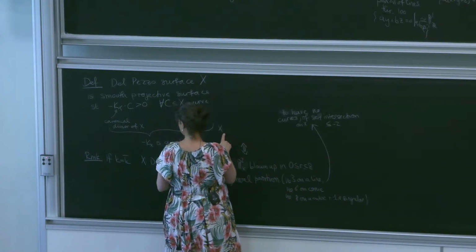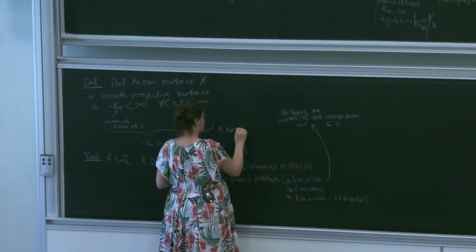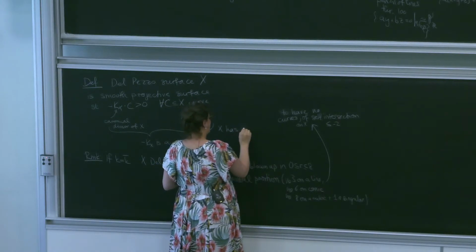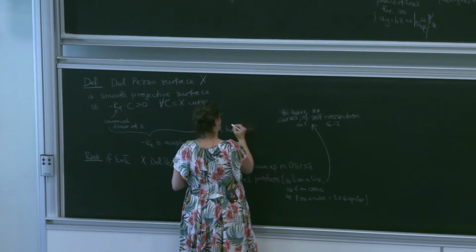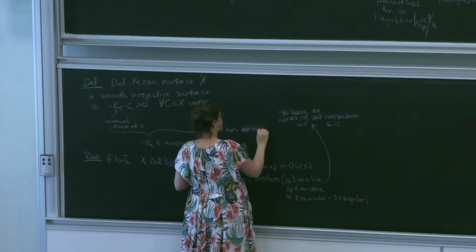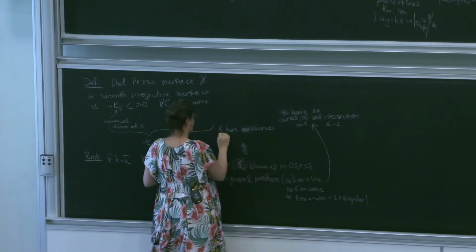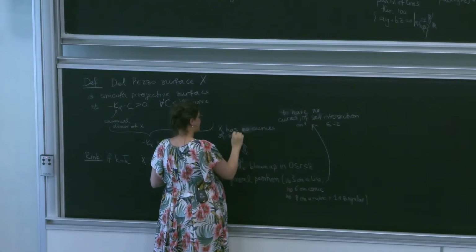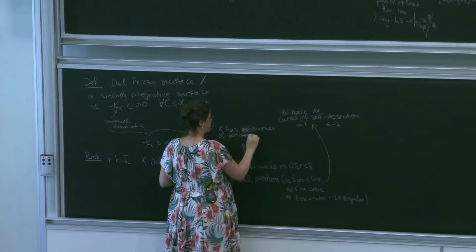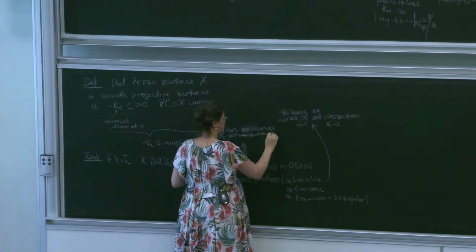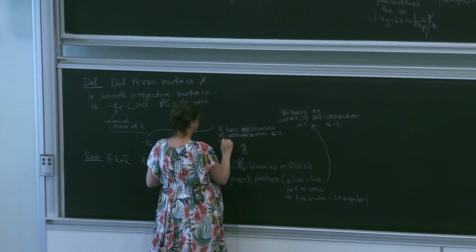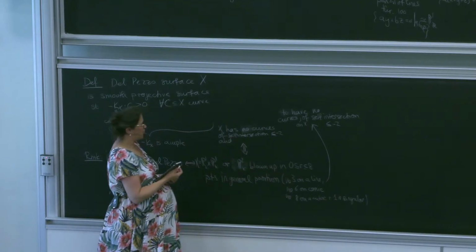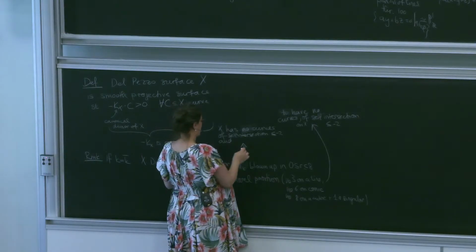So X has no curves of self-intersection at most -2, and it has only a finite number of curves of self-intersection -1.